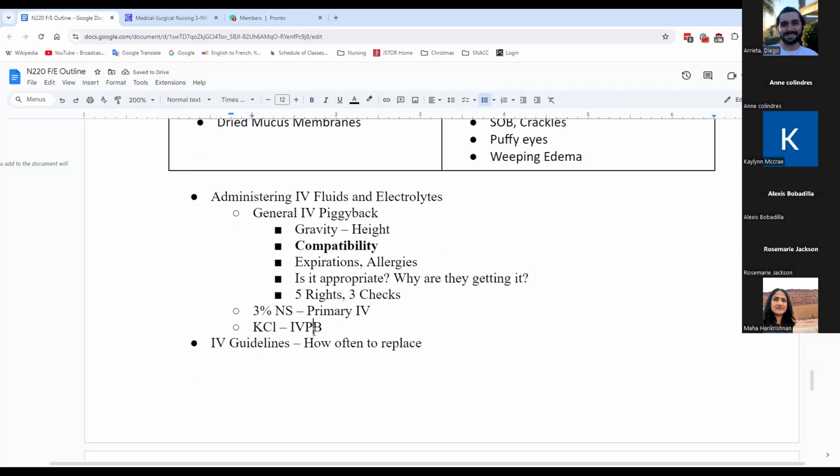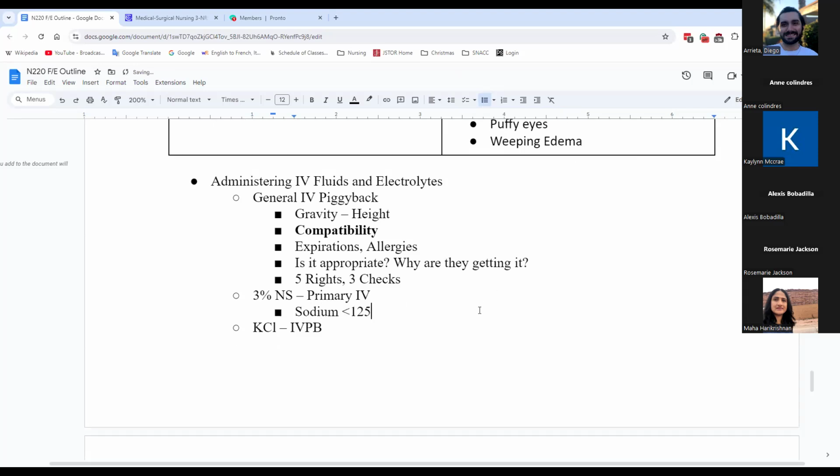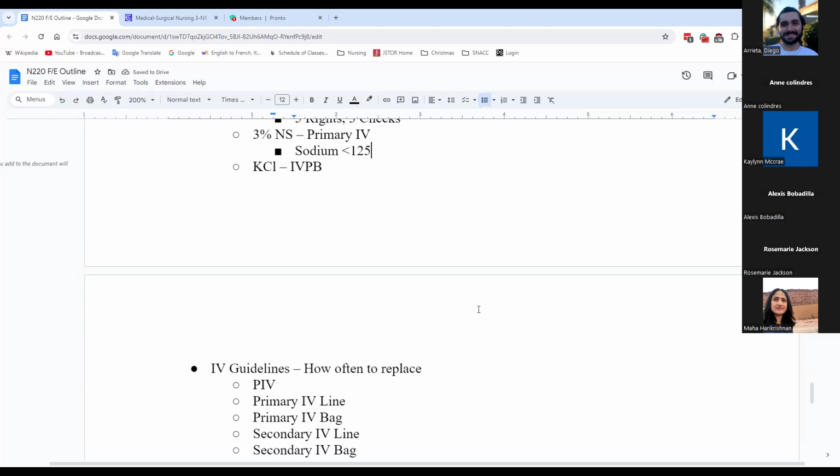And then I'll just do a quickie on 3% normal saline. It's for severe hyponatremia, so typically under 125 sodium. But it's also a med, so you would never give a med without the labs to prove it.